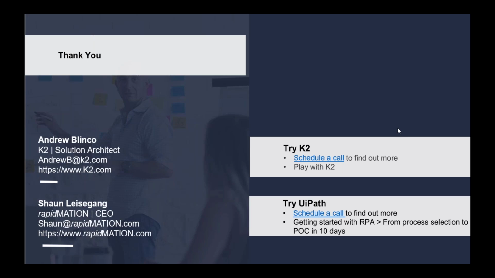And from the UiPath side, when you want to kick off a K2 process, it's really simple. It's an activity inside UiPath, a K2 one. You connect up to your K2 instance, select your workflow, and you can pass in a number of parameters. Bijo, you can take a look at that. If you need more help, drop Andrew or me a note and we can take things from there.